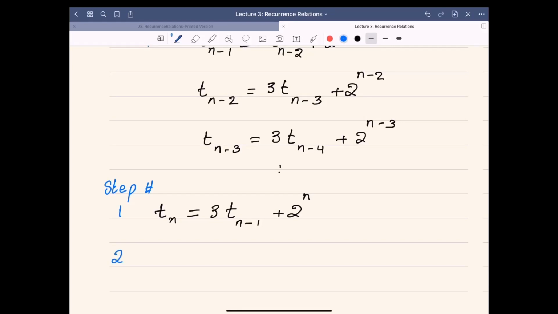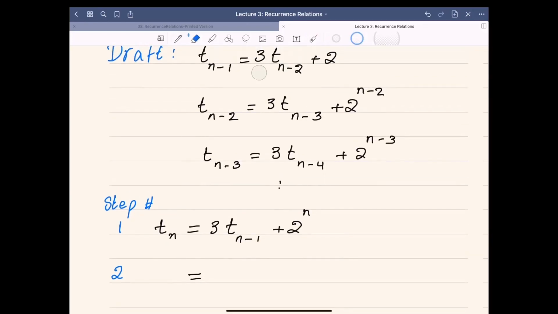Now for step number 2, we will substitute for Tn minus 1 its corresponding equation. This is the equation for Tn minus 1. Multiply it by 3 and then substitute it into the equation. So it's going to be 3 multiplied by 3, which is 3 square, Tn minus 2, plus 3 times 2 to the power n, and don't forget to copy the remaining terms from the previous step.